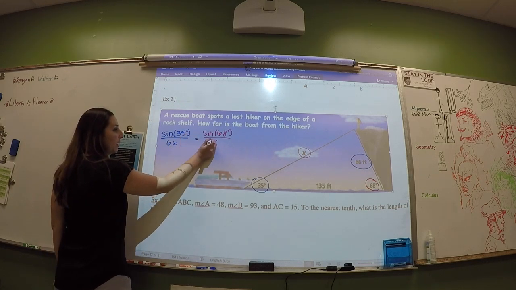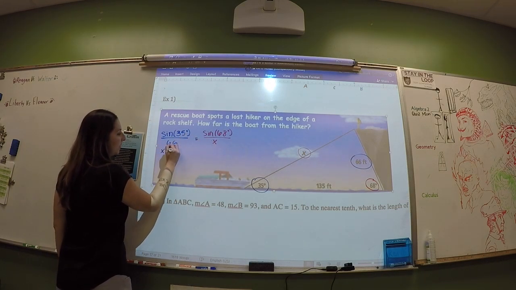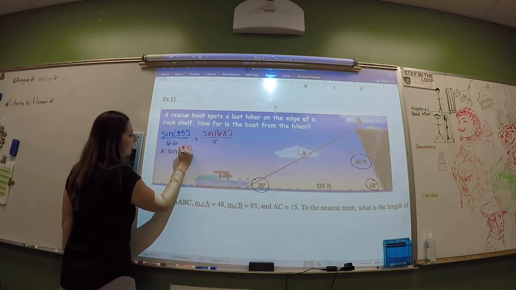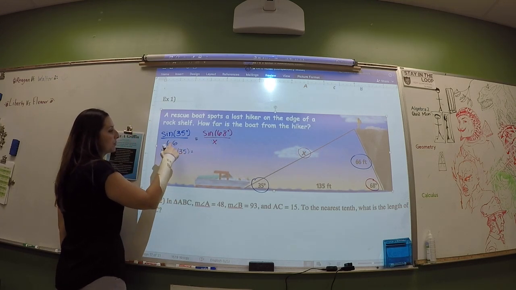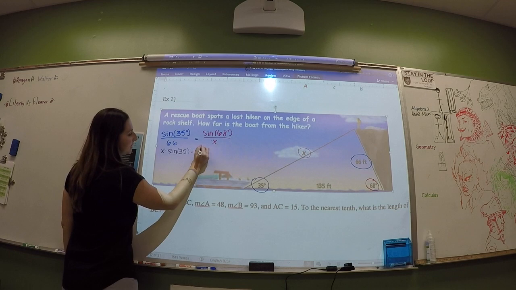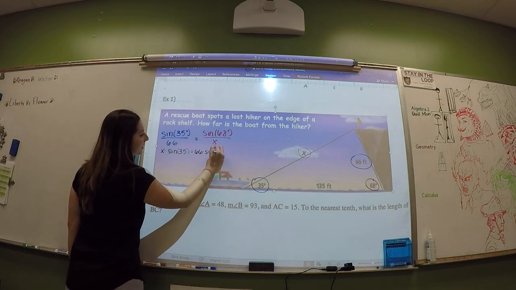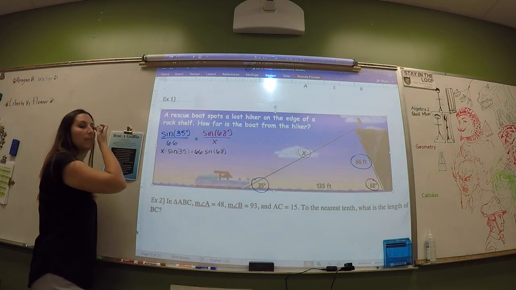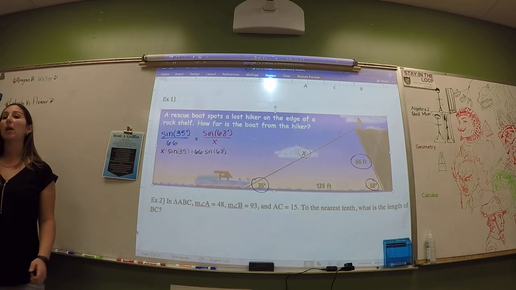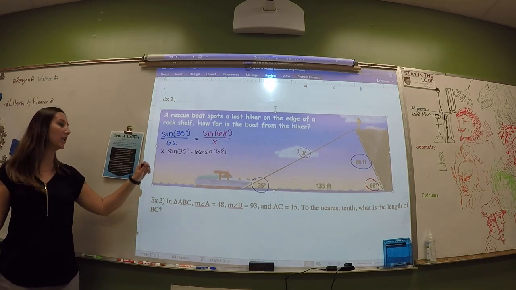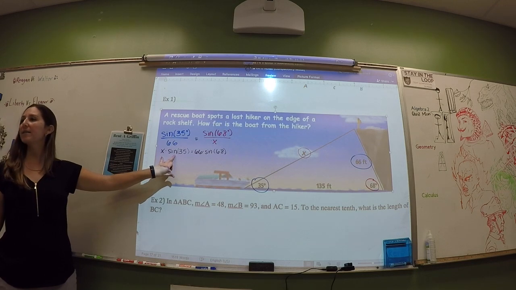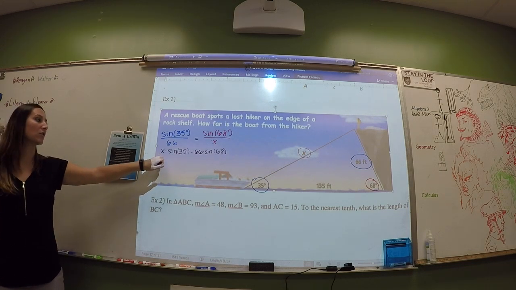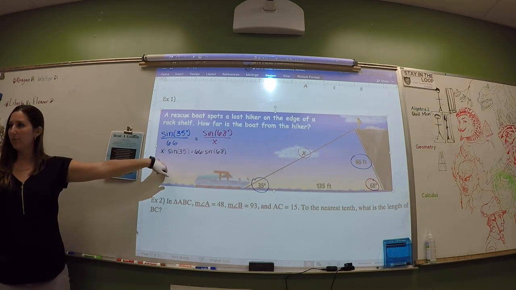So we're gonna multiply these two together and get x times sine of 35. Then we'll multiply these two together and get 66 times sine of 68. So we cross multiplied, so x is being multiplied by sine 35, which means we can solve for x by doing the opposite of multiplication, which is what?